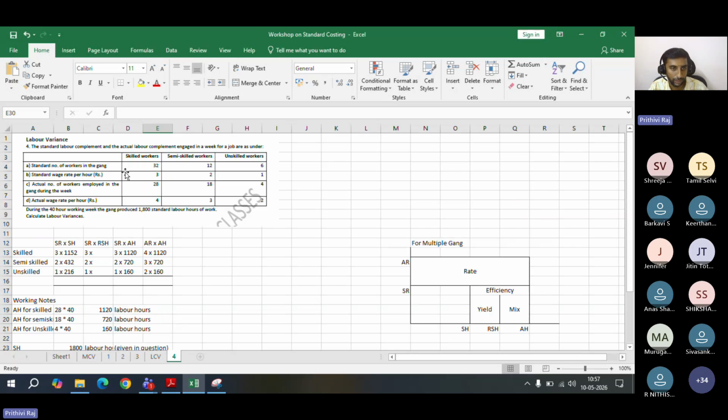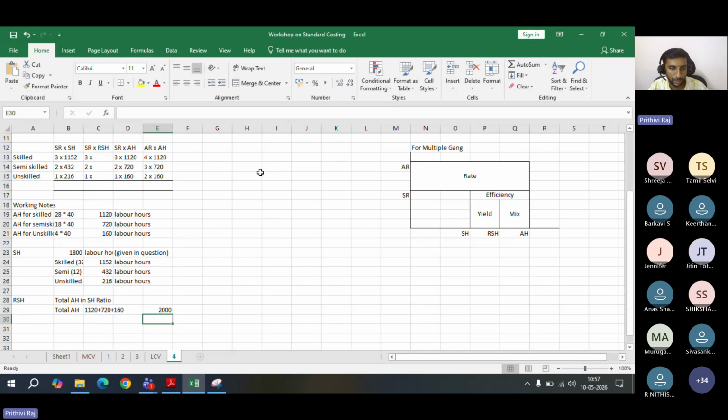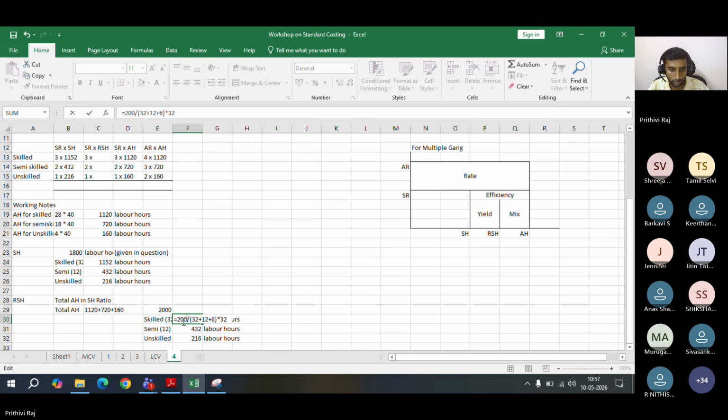What is the SH ratio? Now you have number 32, 12, 6. The same logic which we followed here. 32, 12, 6. I'm just splitting it. So instead of 1800, I'm going to follow 2000. So total AH I have found at 2000 labor hours.